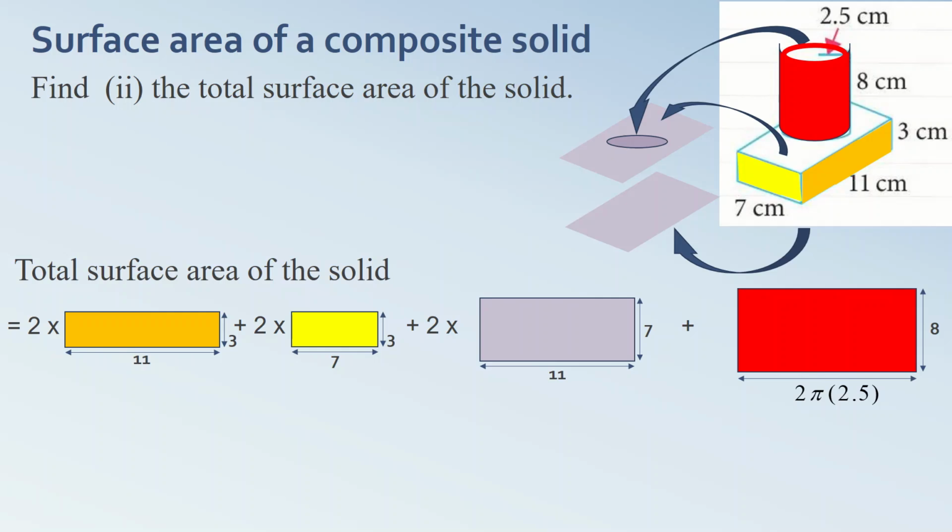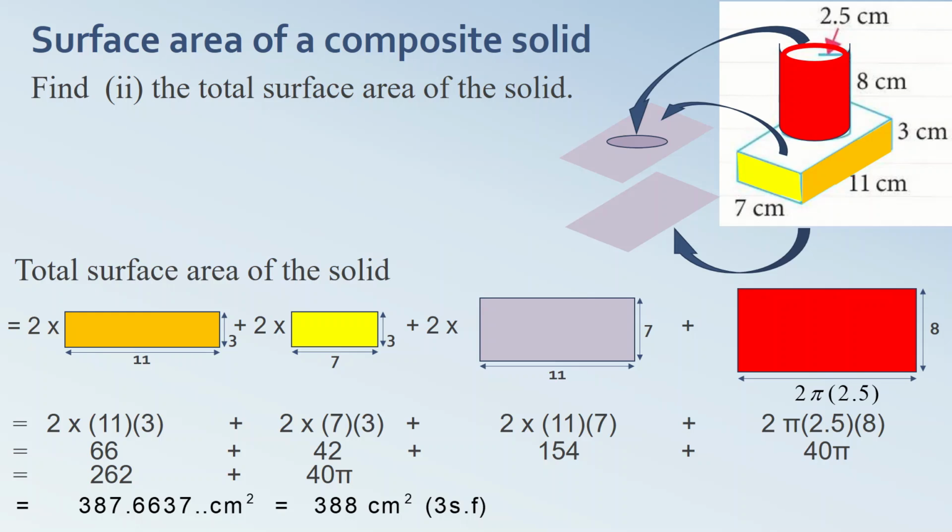If using colors is not possible in your daily work, you could label the rectangles on the main diagram and make reference to it. Adding up the 4 areas, the total surface area of the solid is 388 cm squared to 3 significant figures.